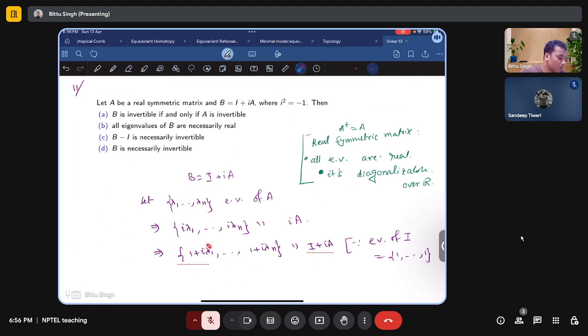Even if you take lambda 1 equal to 0, because lambda 1 up to lambda n are real, whatever real entries you choose, this 1 plus i lambda j is non-zero.